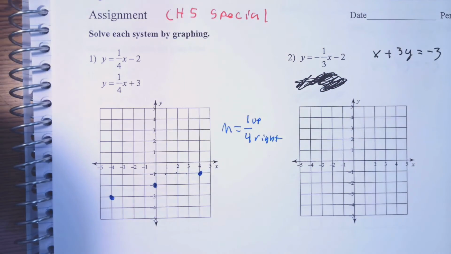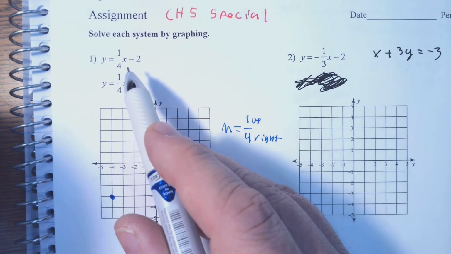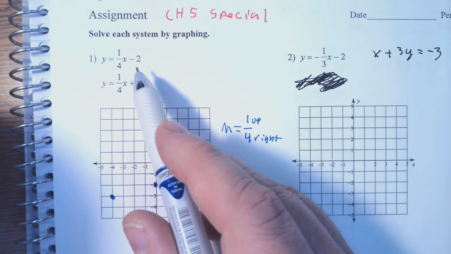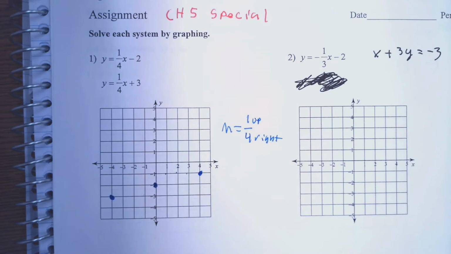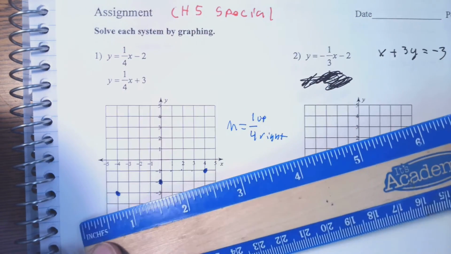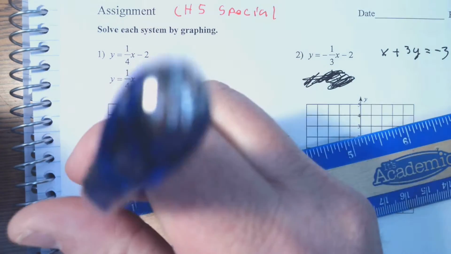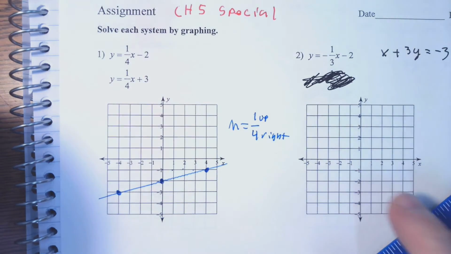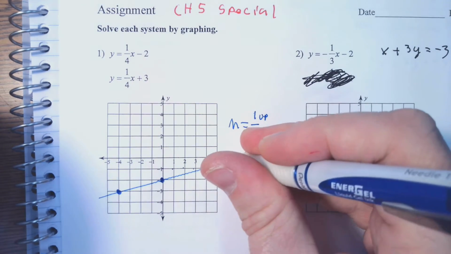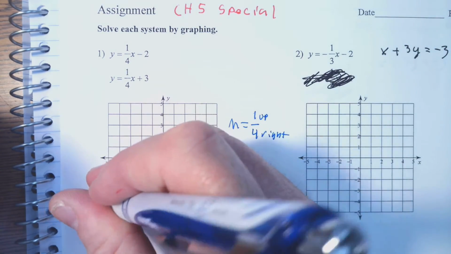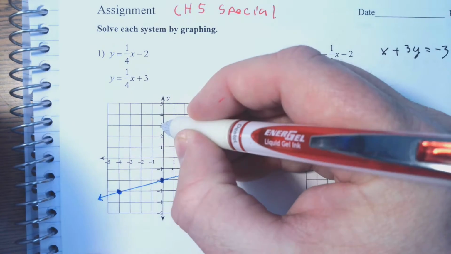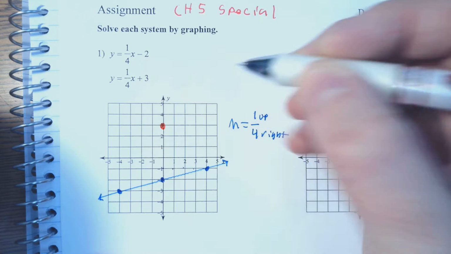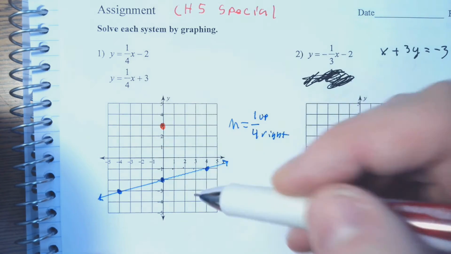What's that top one? Which top number? The one you wrote. 1? Oh, okay. 1/4? Okay, I'm going to draw this line here. Okay, this has the same slope, doesn't it?